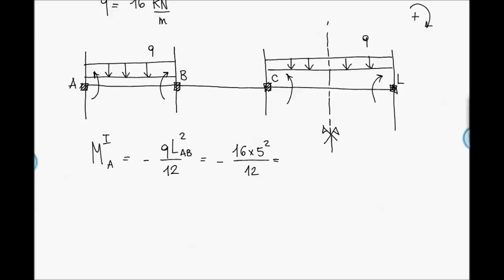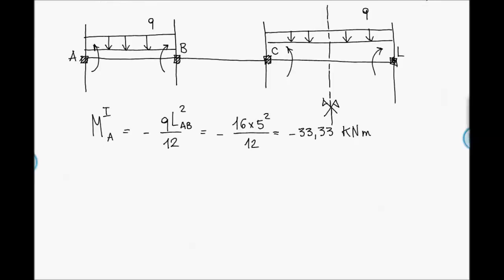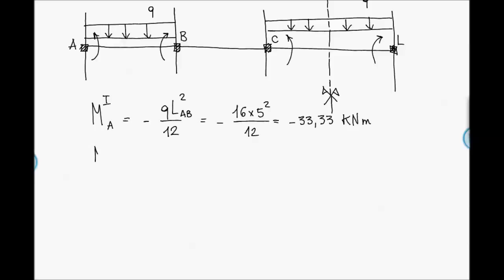That is minus 33.33 kilonewton meter. Well, MB has the same value, but positive, since it is a clockwise bending moment. So we have M'B is equal to 33.33 kilonewton meter.